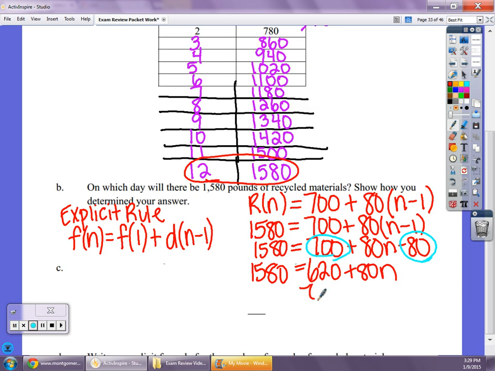And I'm going to subtract 620 from both sides. And end up with 940. Excuse me, 960.